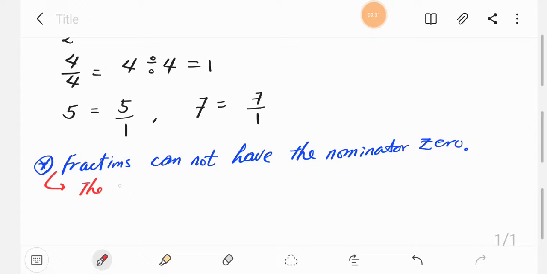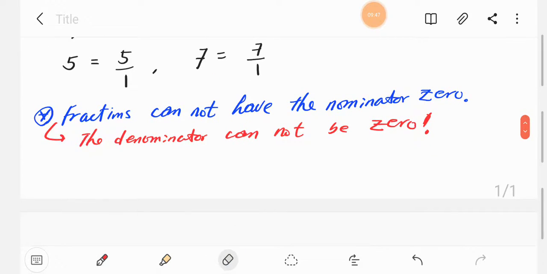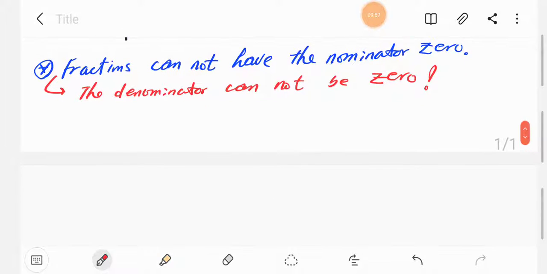Okay, keep in mind the denominator cannot be 0. Don't forget this. If the denominator is 0, then we call it undefined. You cannot define the fraction. Very important. The denominator cannot be equal to 0.